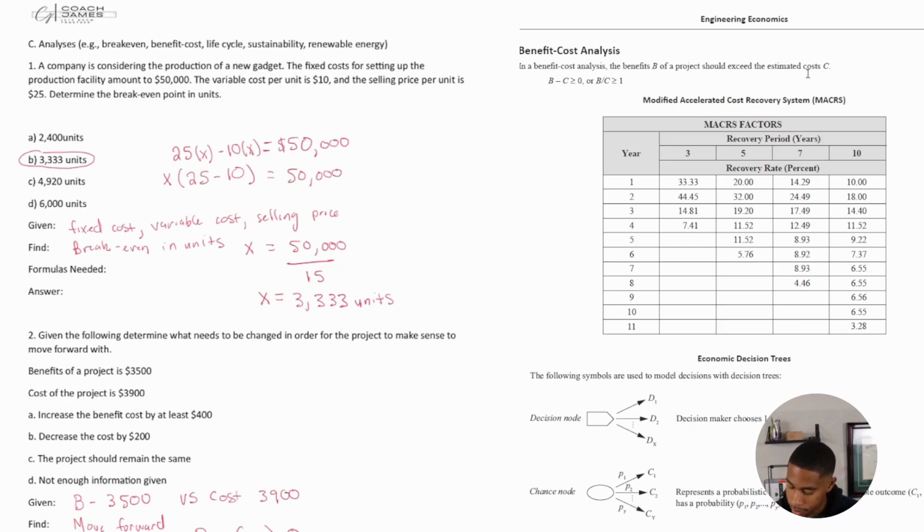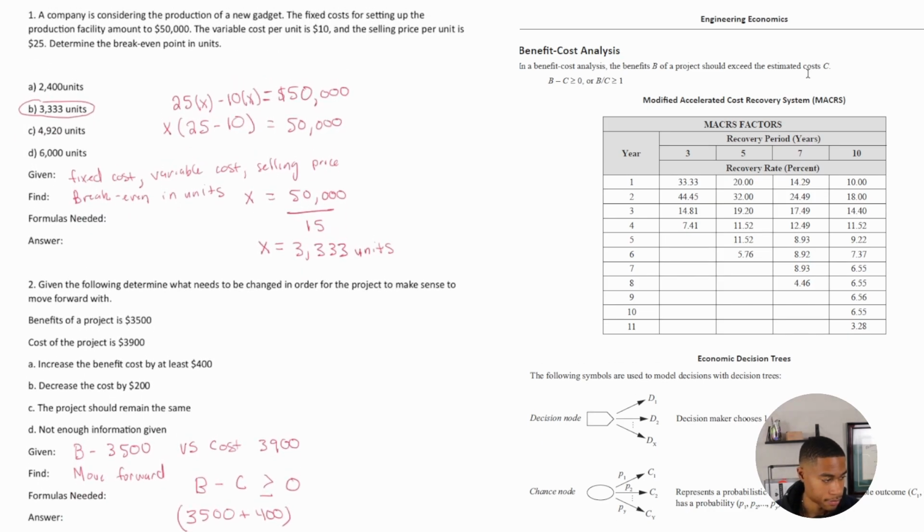You cannot see this, can you? Okay, so 3,500 plus 400, because we're increasing it by at least 400, minus 3,900. Is this greater than or equal to 0? I get that it is. Okay. So that A would be good.